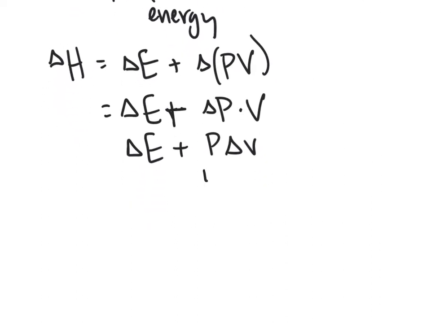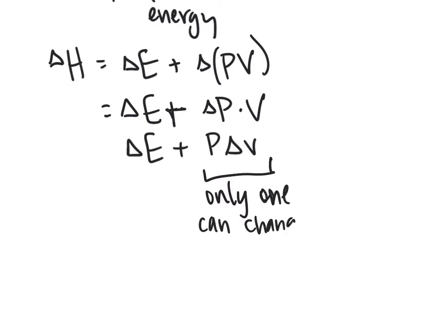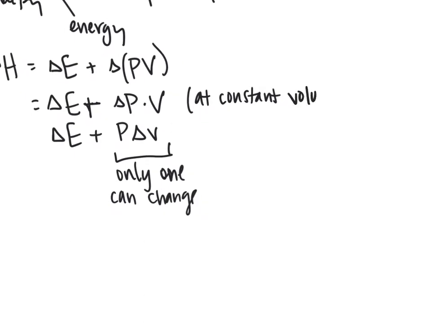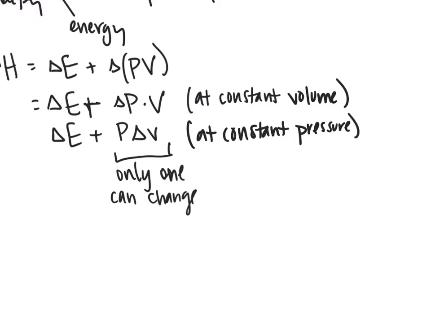The difference here is that only one can change. Only one can change. So it's either at constant volume or at constant pressure. We can either change the pressure.